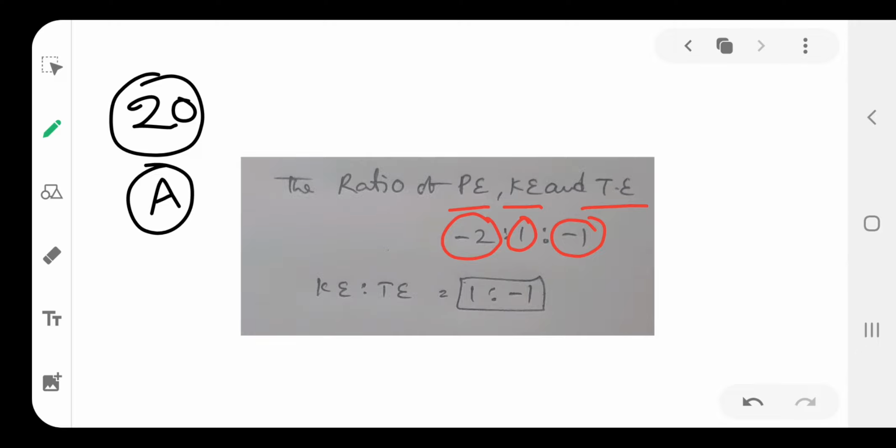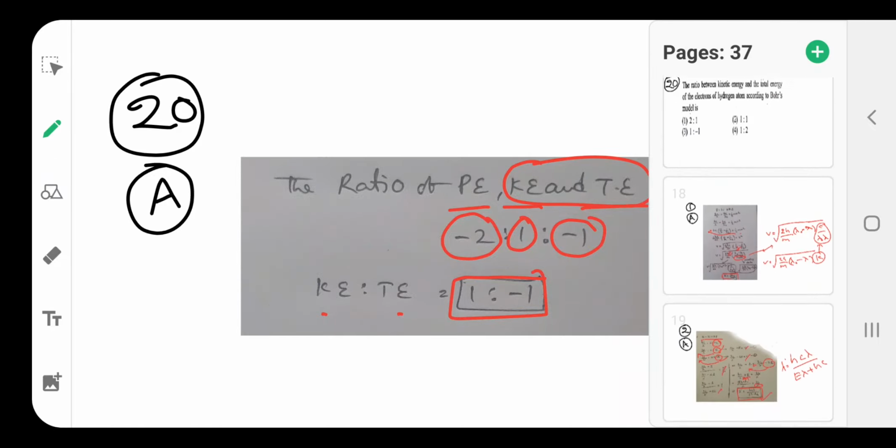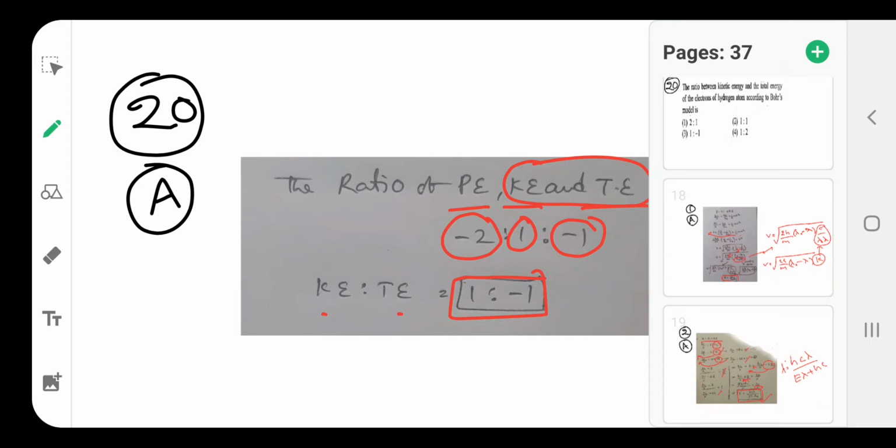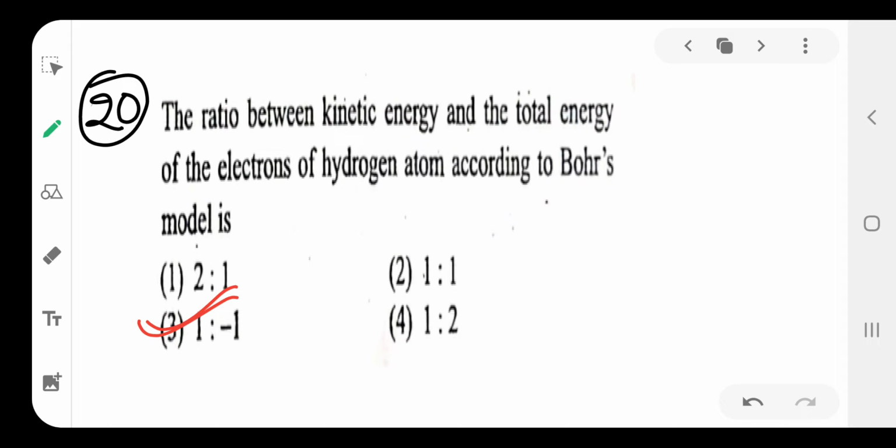But in the question they asked only the ratio of kinetic energy and total energy, so 1 to -1. So the ratio is 1:1 in magnitude. This formula is important. So the ratio of kinetic energy and total energy is 1:1.